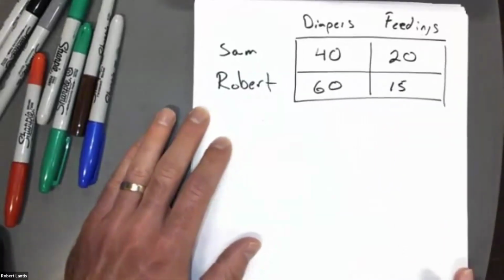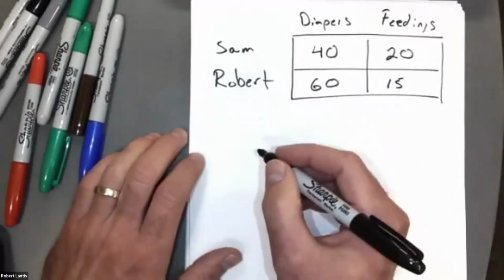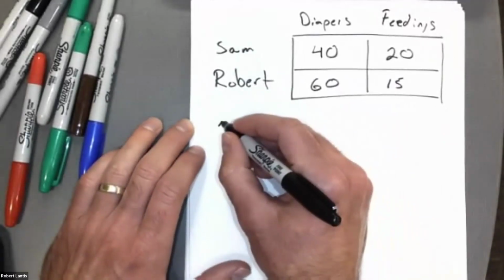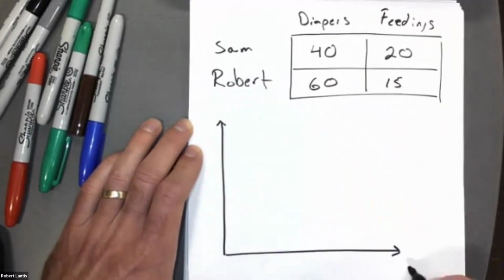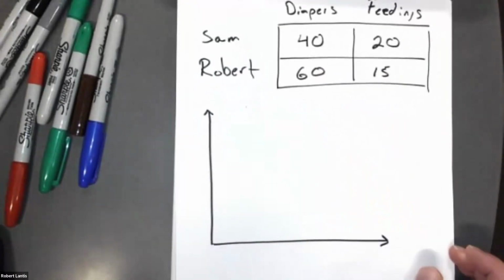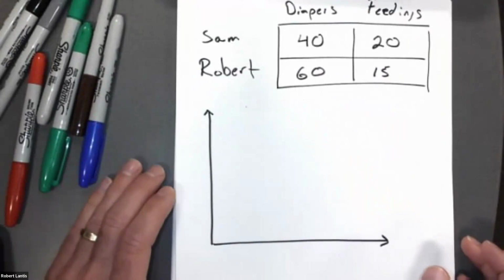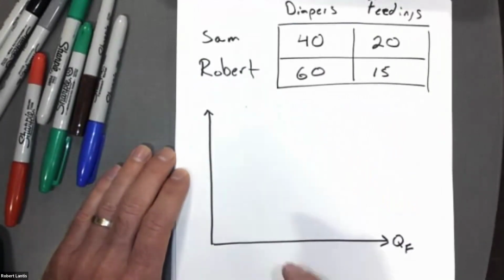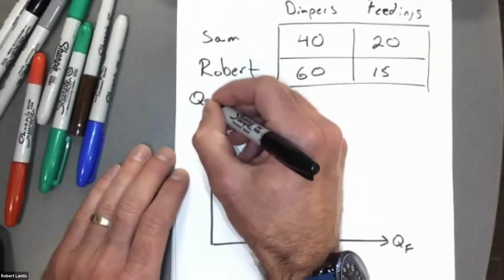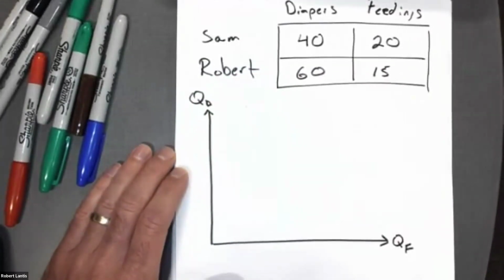If I was drawing out the production possibilities curve for these two individuals, what would it look like? Well, I'm going to put feedings on my x-axis, diaper changes on my y-axis.